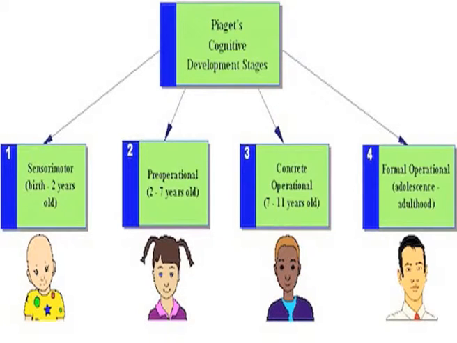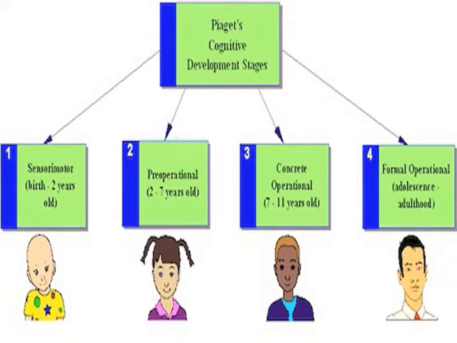As the individual passes through the 4 stages of cognitive development, starting from the sensory motor stage, then the pre-operational stage, the concrete operational stage, and finally the formal operational stage, the process of cognitive development is more or less reached.